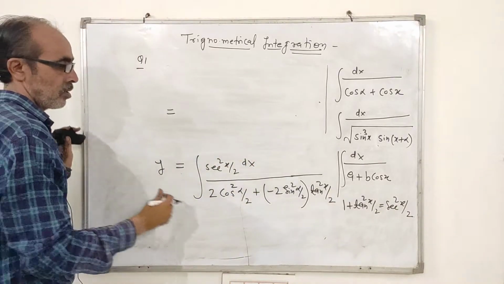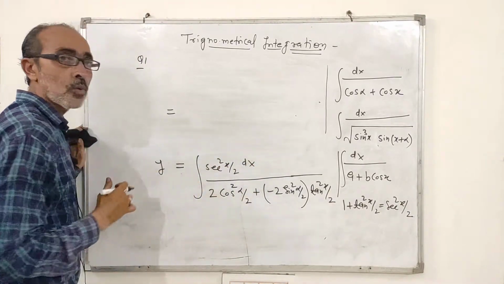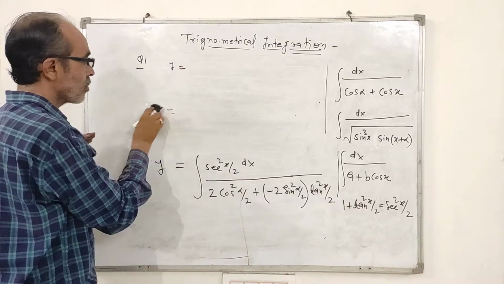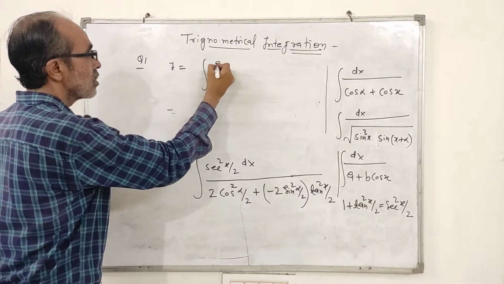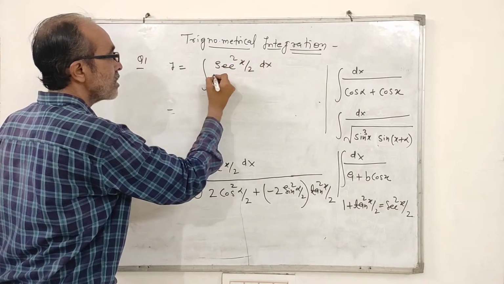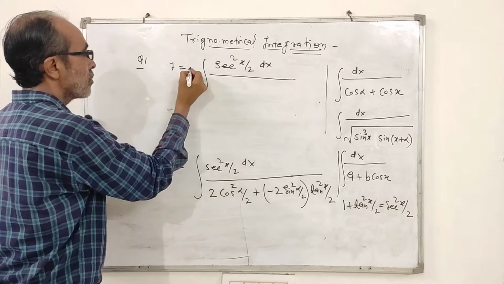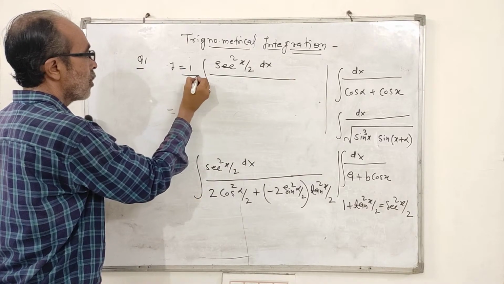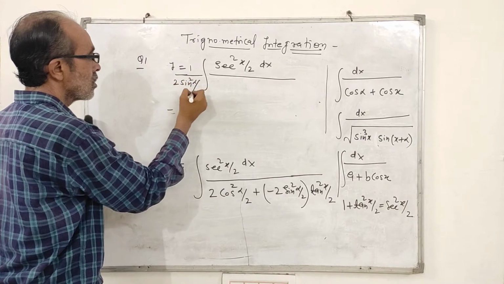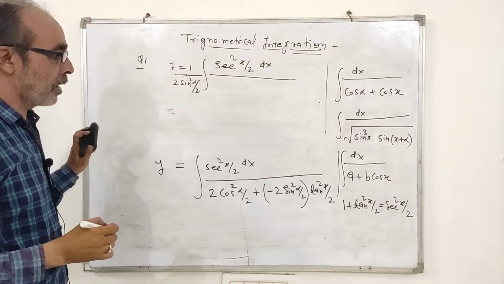Taking the common factor 2 sin square alpha by 2, the integral I is equal to sec square x by 2 dx divided by 2 sin square alpha by 2, times the bracket.